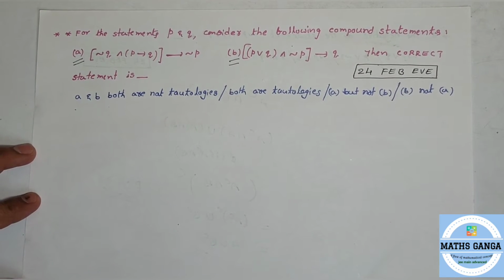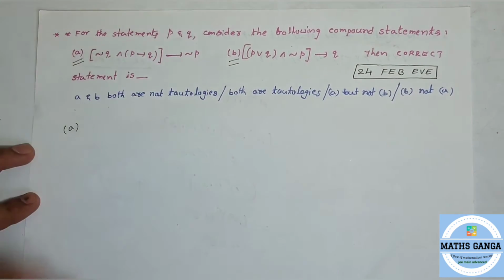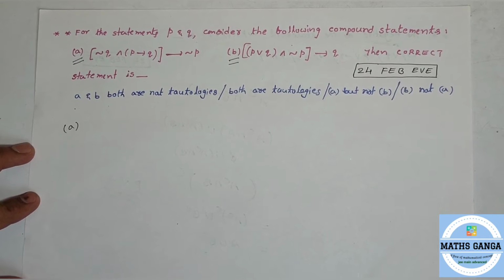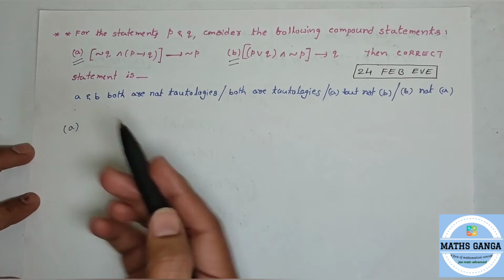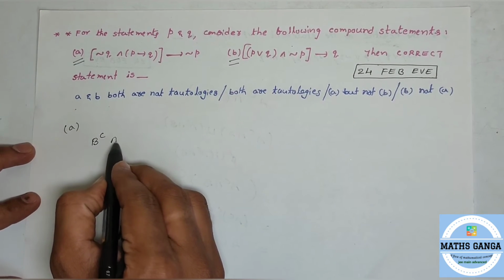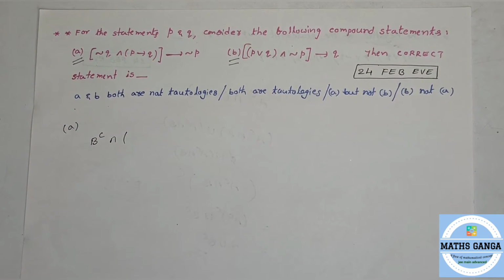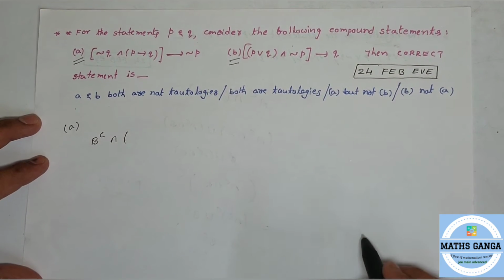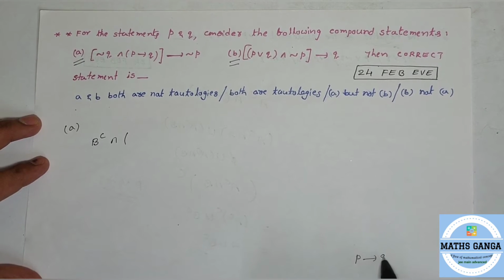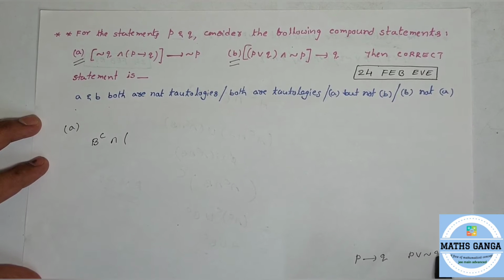First of all, statement A, and as we discussed for the previous two questions, my idea is simplifying or thinking about compound statements like this by converting them into sets. Negation of Q is the complement of B, and is intersection. Here I have what? P implies Q. See, we have a particular rule for P implies Q. As I mentioned in the first question, P implies Q is simply nothing but P or negation of Q, right?